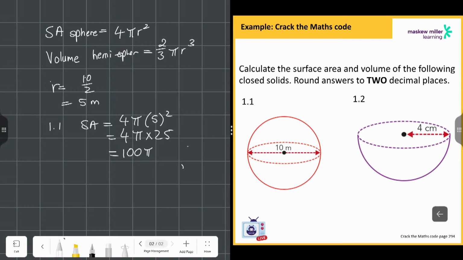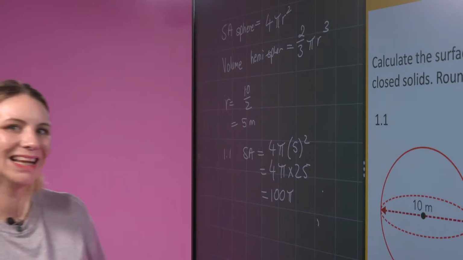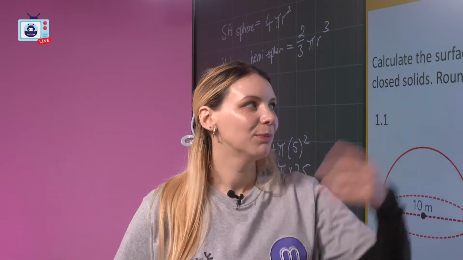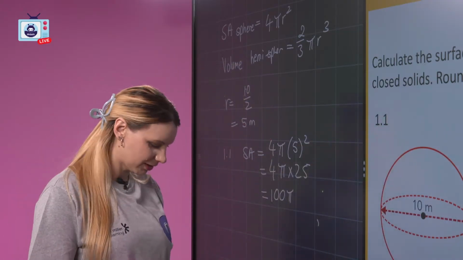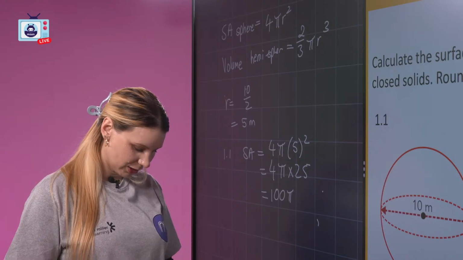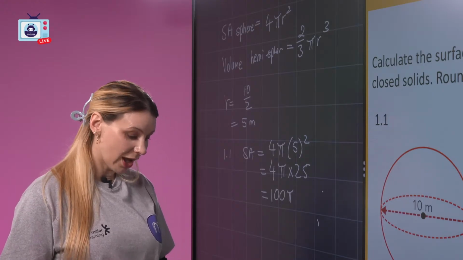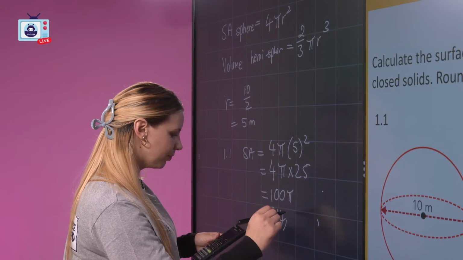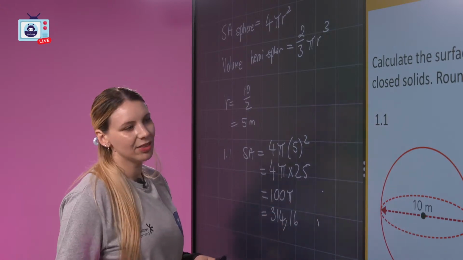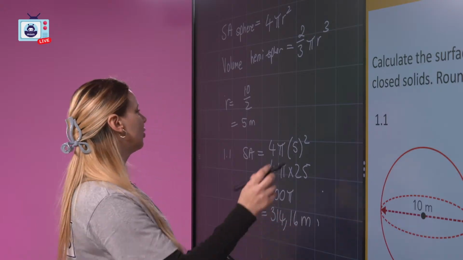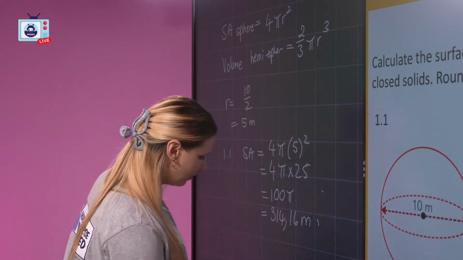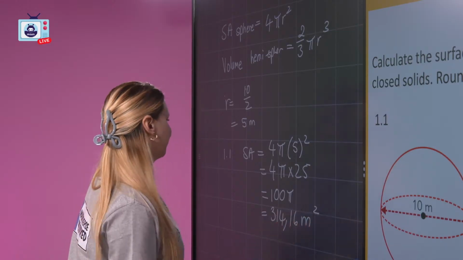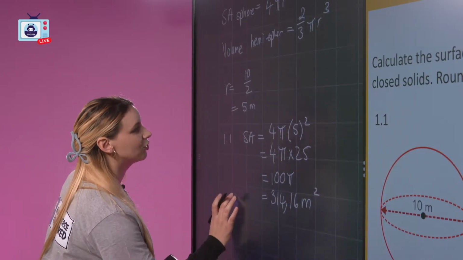We can leave our answers in terms of pi unless they say round your answer to 2 decimal places, which is what they said, so we will do as they ask. Otherwise, we have not answered the question. 314.16, and that is meters squared, because we are dealing with surface area.